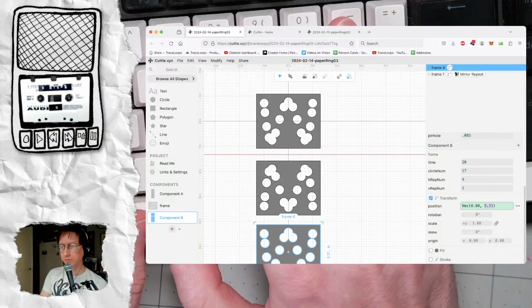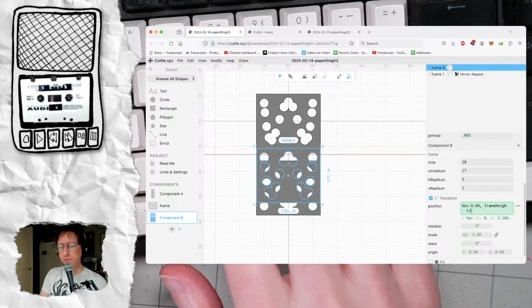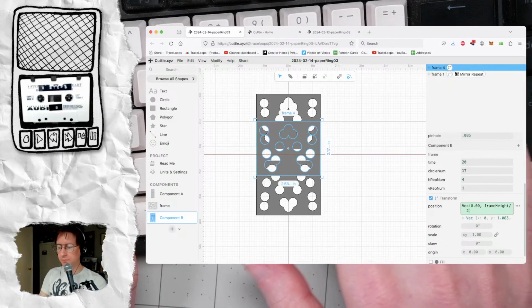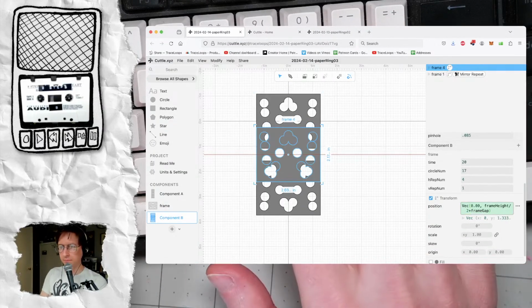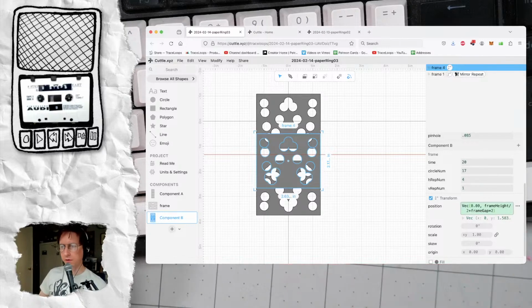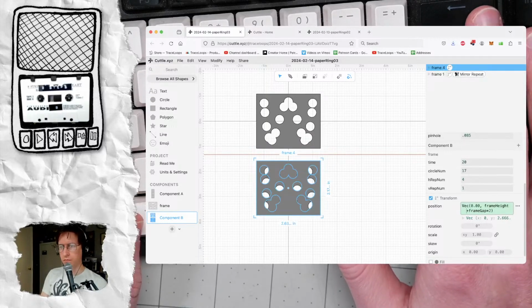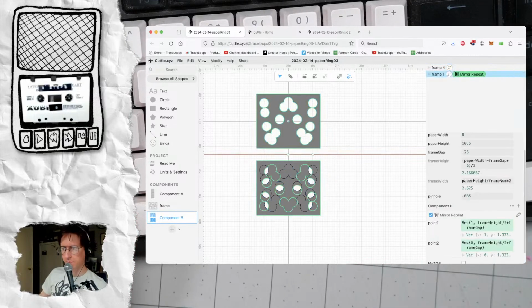This is frame height divided by 2 plus frame gap times... I just need... this should just be divided by 2.